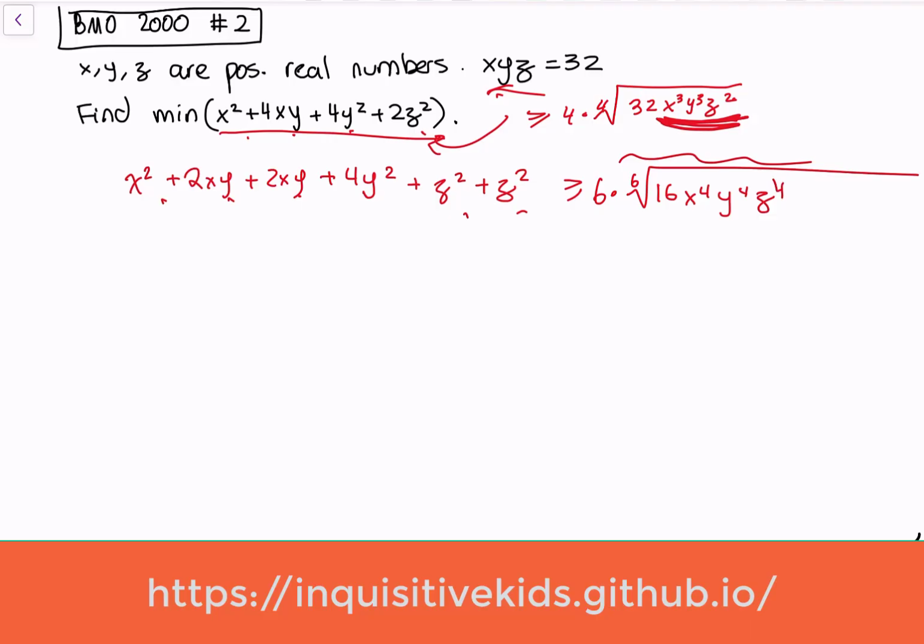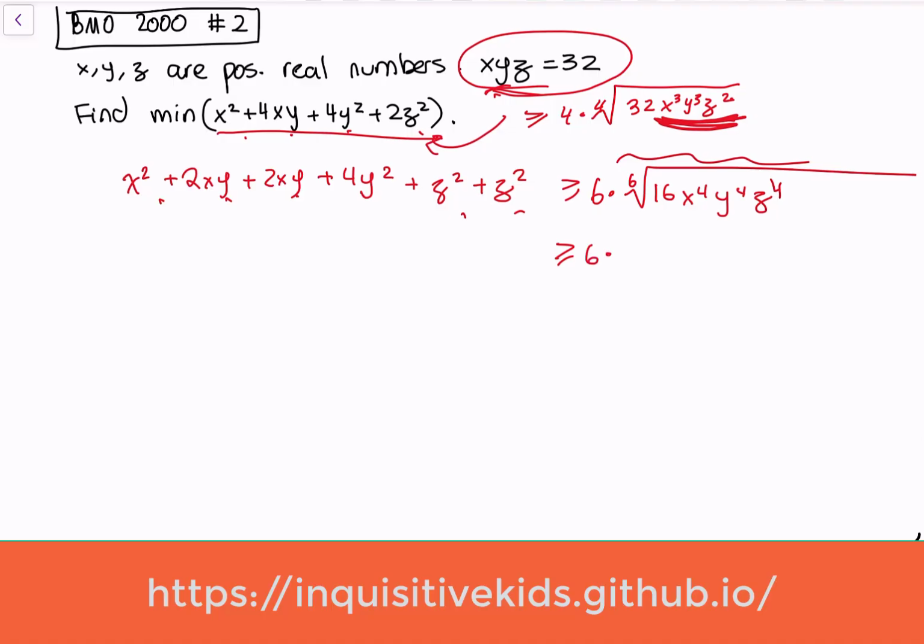And now would you look at that? We have a power of 4 for each variable, which means now we can apply the piece of information that the problem gave us.